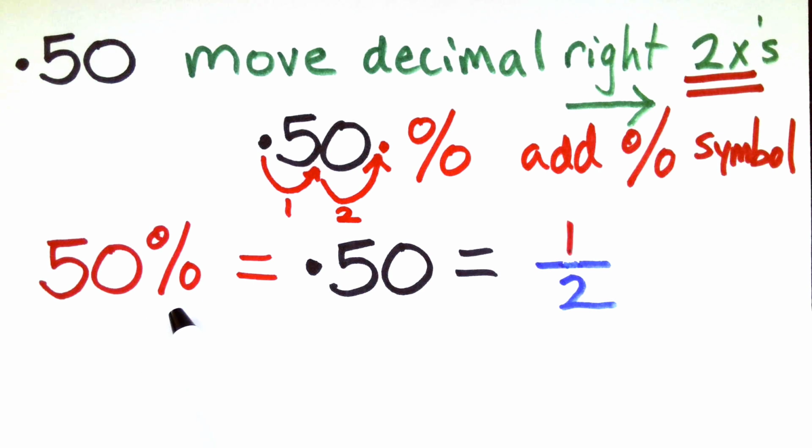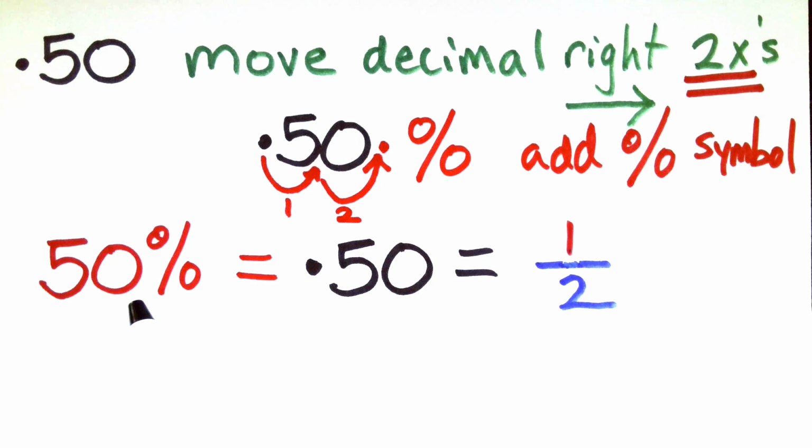Okay, so I want to show you here, 50% is equal to 0.50. Or let's say 50 cents. Let's use money. Which is equal to 1/2. Half of a dollar is 50 cents. And out of 100 pennies, 50 cents is 50%, or half of 100.